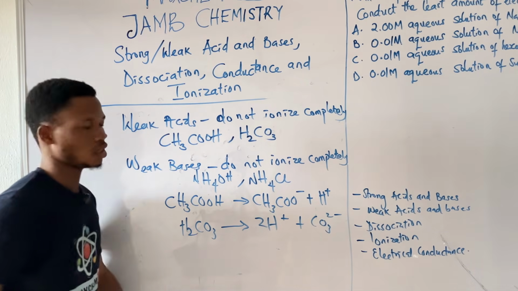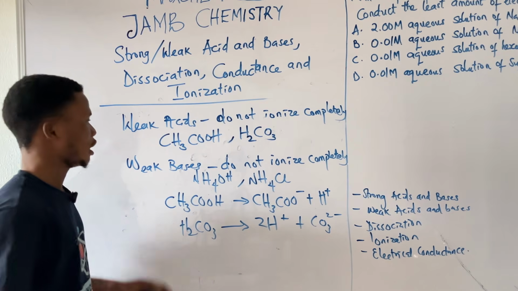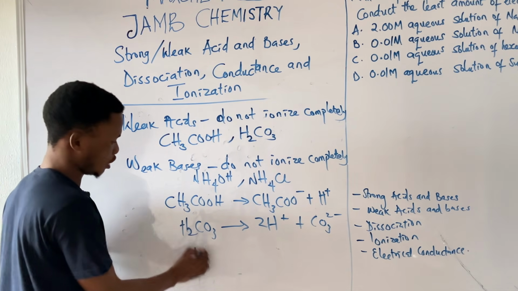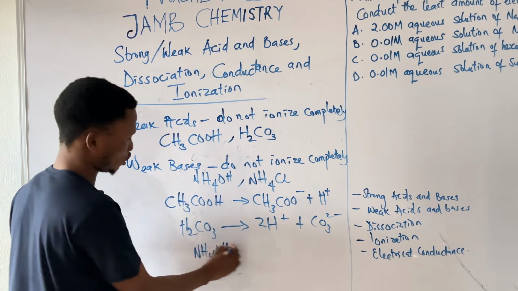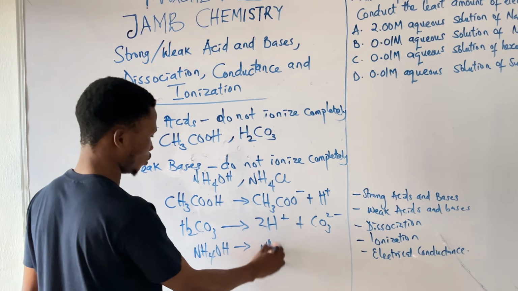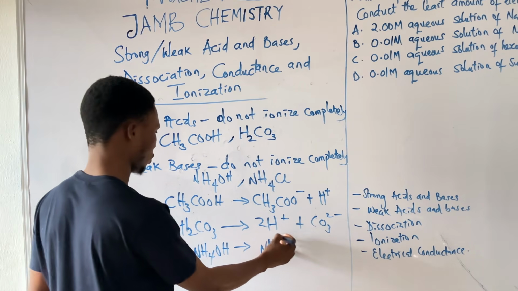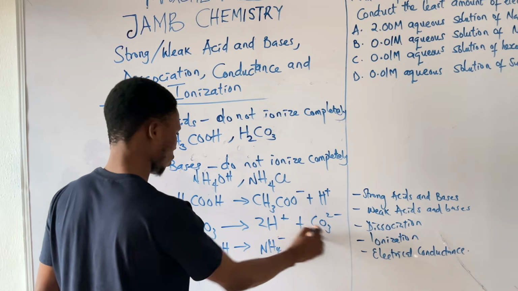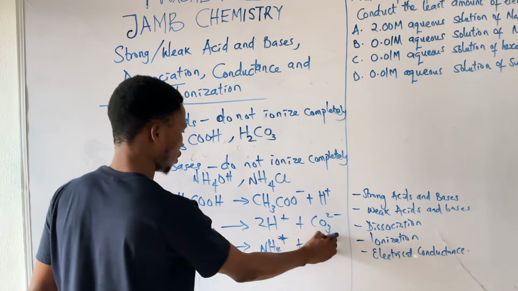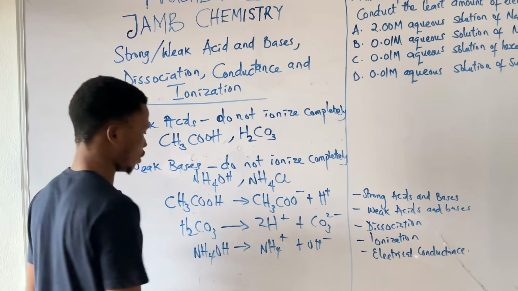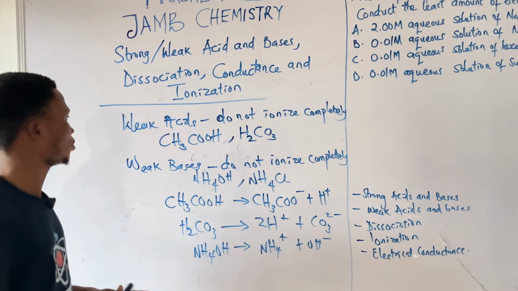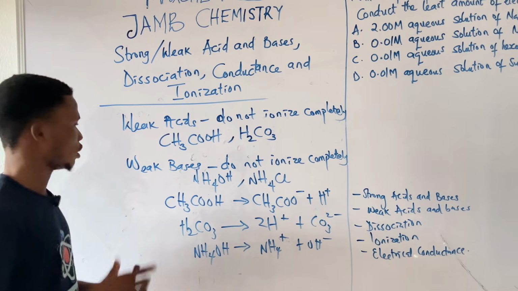All right, so this is an example of a weak acid. Then for weak base, you have NH4OH. So we are going to get our ammonium ion and OH-. All right, so that is just the examples of weak acids and weak bases.